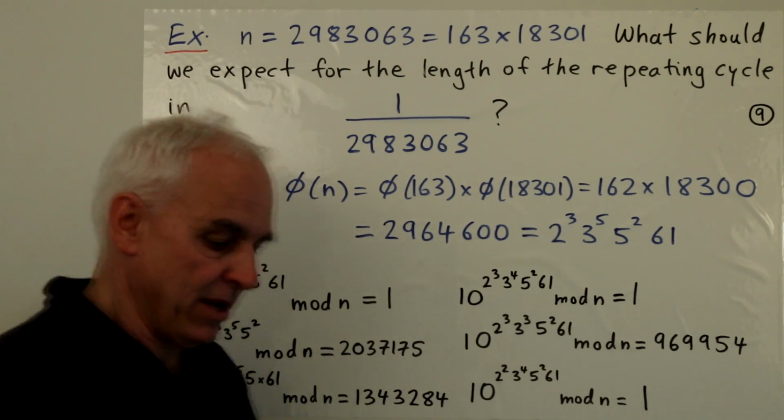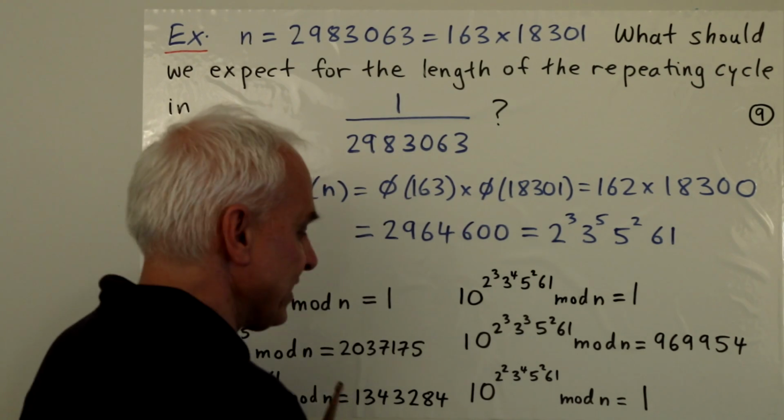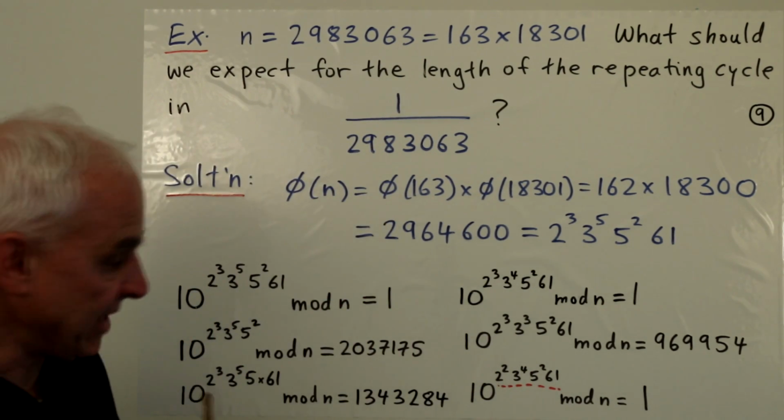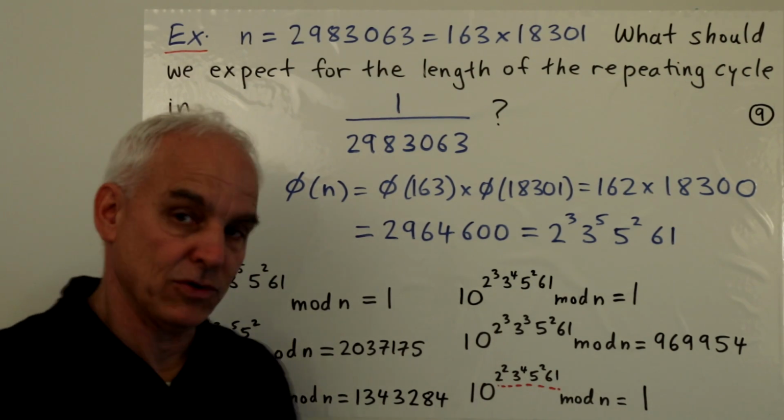So this ends up being the smallest number that we can find such that 10 to this power mod n is equal to 1.